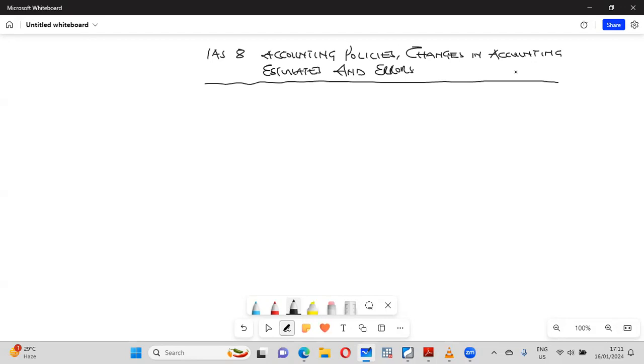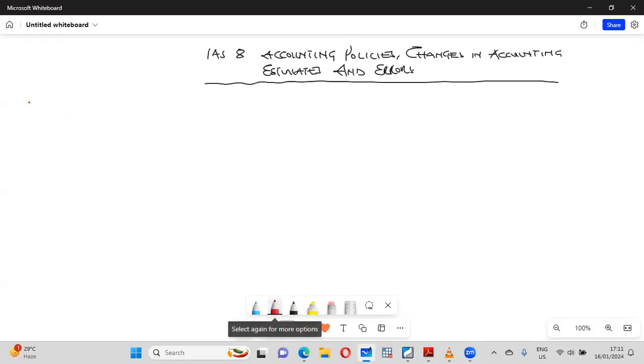Now, I have actually reckoned that this is the most dangerous of all the accounting standards. This is the most dangerous one because it gives some freedom of operation. Because when you talk of accounting policies, let's pick them one by one.